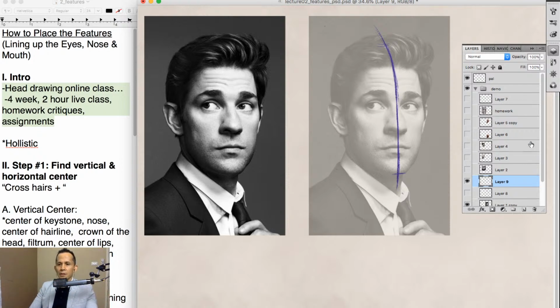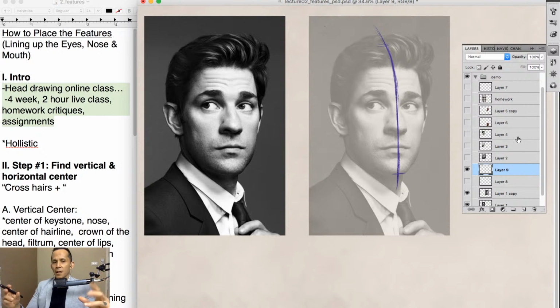And horizontal center, for me, I train my eye to look at the eyeballs. When I first started head drawing or drawing faces, and I think anyone who starts to draw portraits and faces or characters, you tend to focus on the shape of the opening.